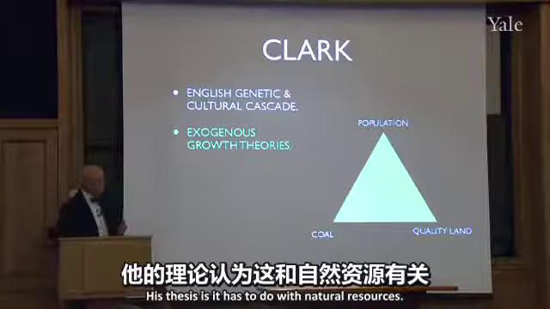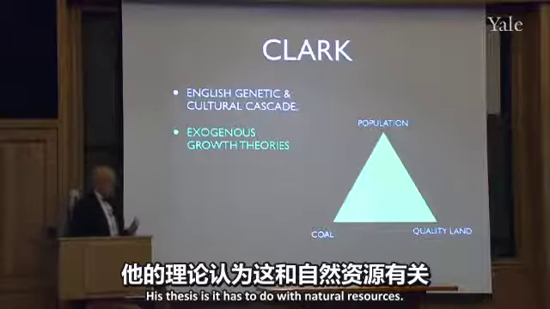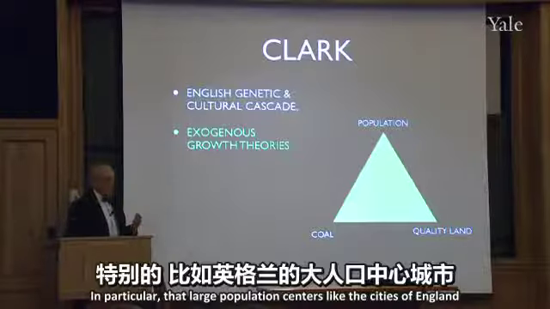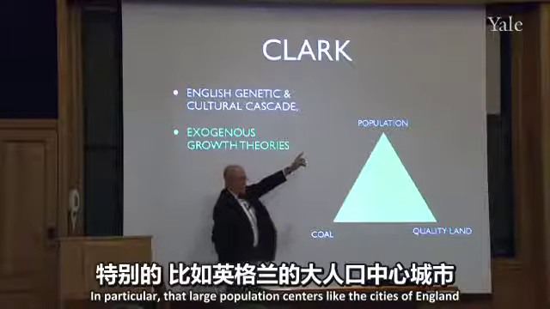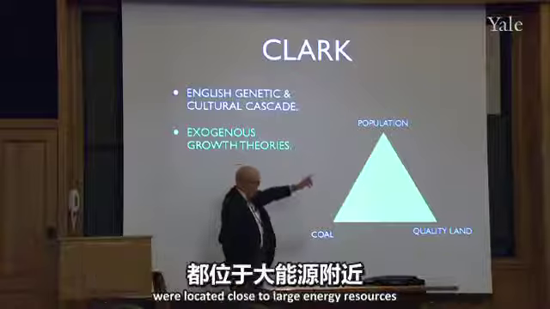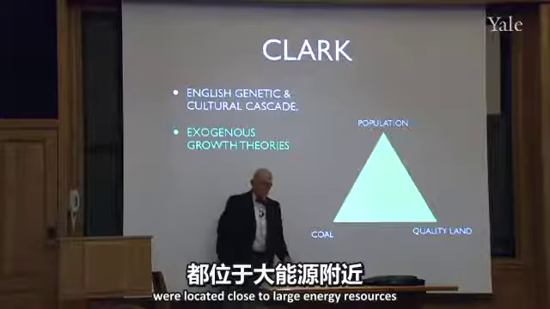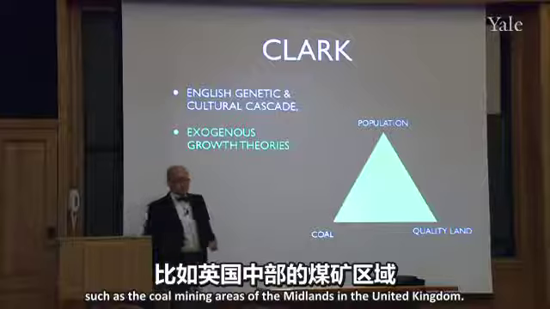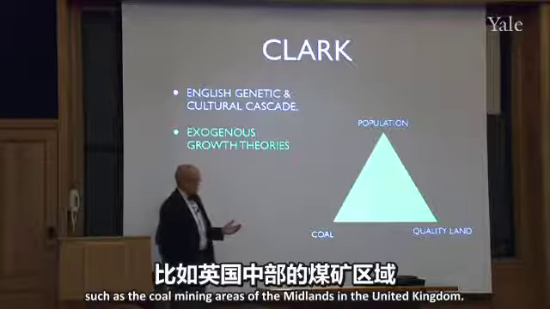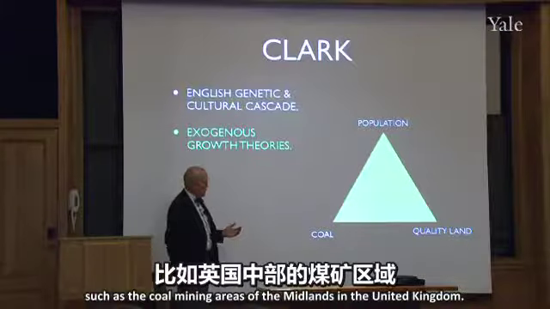And his thesis is that it has to do with natural resources. And in particular, that large population centers, like the cities of England, were located close to large energy resources, such as the coal mining areas of the Midlands in the United Kingdom.